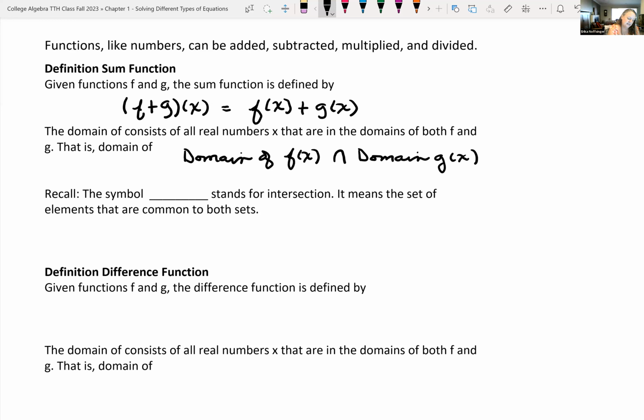So this again is what they have in common. Remember the symbol, this upside down kind of U shape, stands for the intersection. The intersection means we're taking the set of the elements that they have in common for both of them. So look at the domain of f of x, look at the domain of g of x, and take what they both share in common to be the domain of f of x plus g of x.